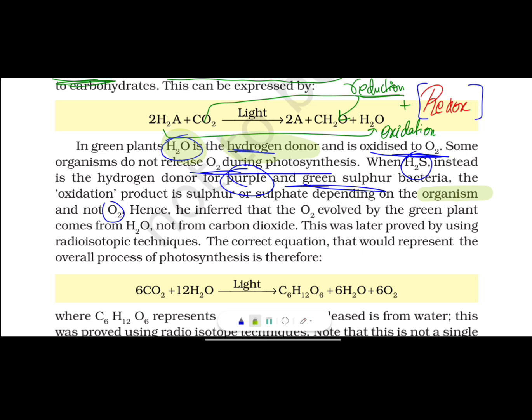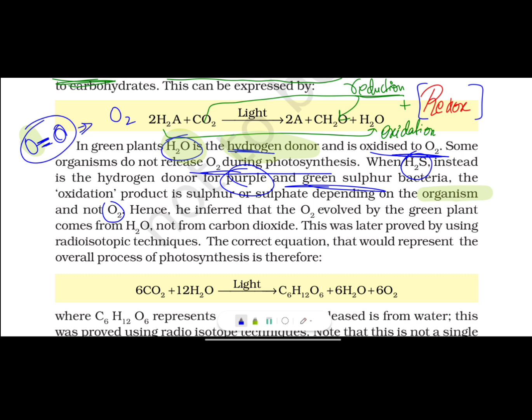O is nothing but double bonds of O, and O bonds result in the formation of O2. Actually, how many bonds are present between oxygen and oxygen? 2 bonds, right?